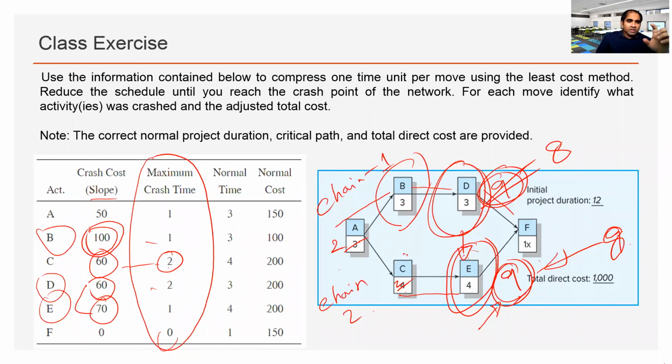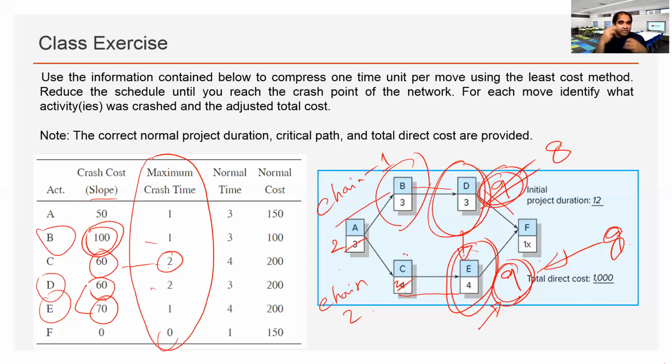If it is a chain, if we have only one critical chain, that means out of all the activities within the critical chain, the cheapest cost is the option.